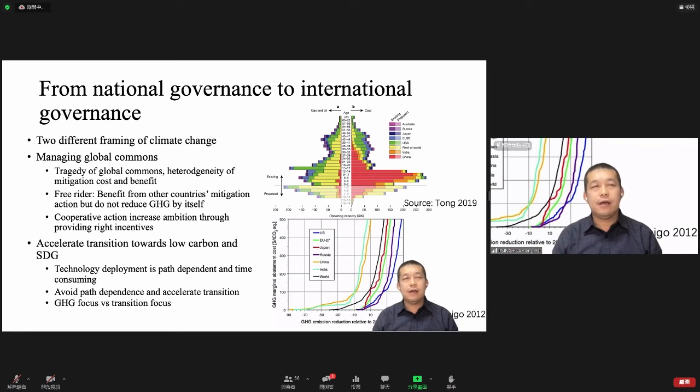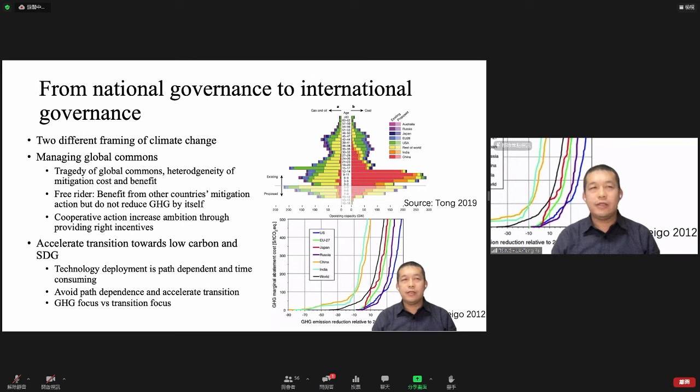And another framing for the climate change issues is the transition framing, which focuses not only on the global commons, but argues that the key issue is how to accelerate our system towards a low carbon transition and the SDGs.